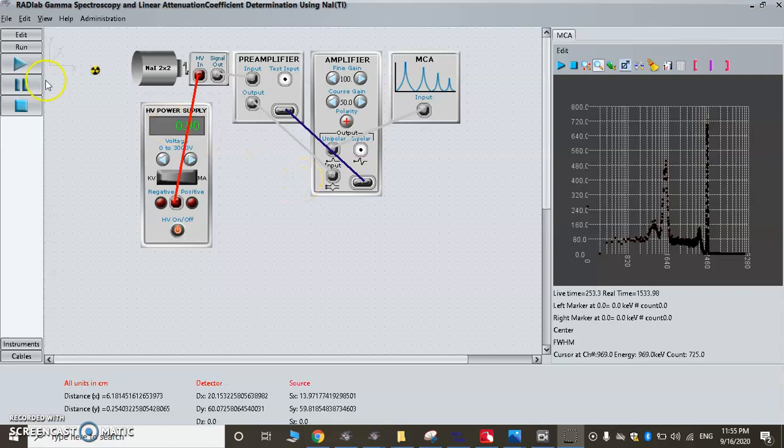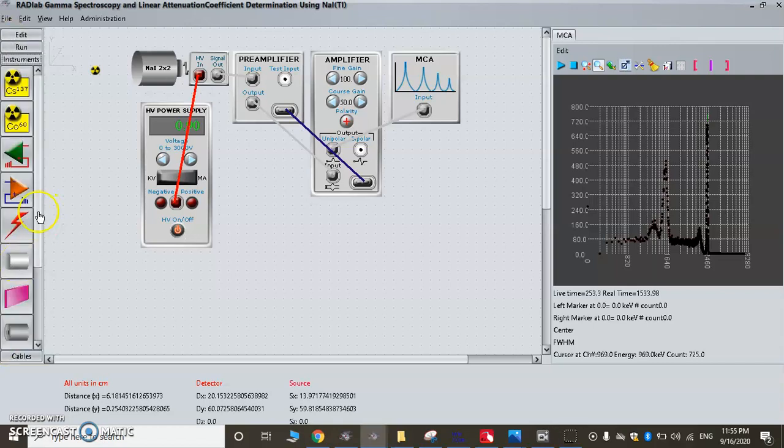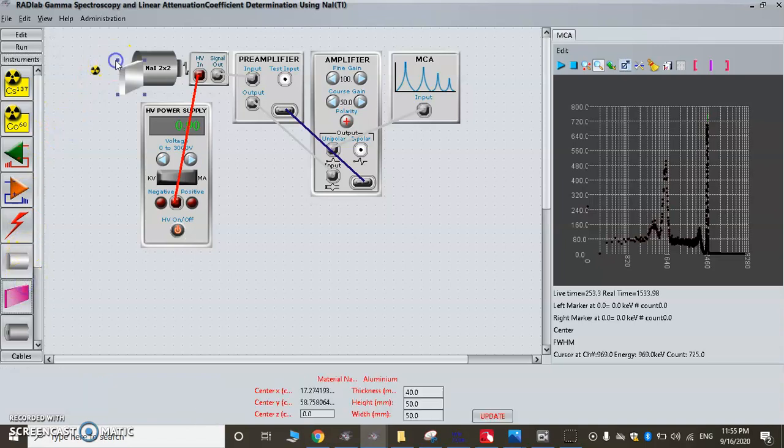Now we want to put the aluminum sheet between this source and detector. So for part 2 we place the aluminum sheet. Here is our aluminum sheet. We can change the thickness of the aluminum sheet, so I am changing it. Update.